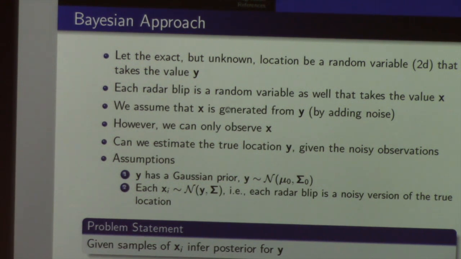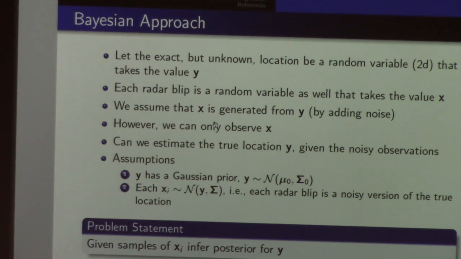If you think of it as a generative process, y is the true location. Let's say this is the ocean, and this is y, so the plane is over here, right? But when a radar measures it, this y gets corrupted a little bit. Maybe because of the sensor noise and the environmental factors, the x is somewhere here. So x is being generated from y by corrupting it a little. y is the precise actual value, and x is what you measure.